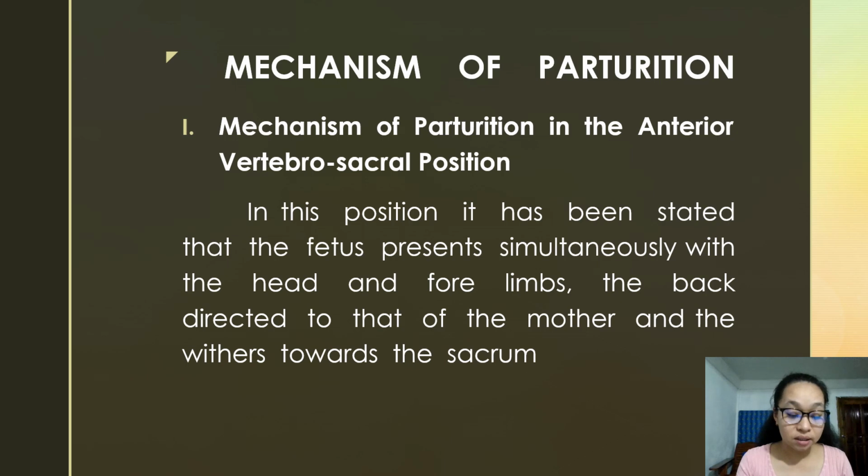There are also different presentations, which we enumerated earlier. So in this position, it has been stated that the fetus presents simultaneously with the head and forelimbs, the back directed to that of the mother and the withers towards the sacrum.